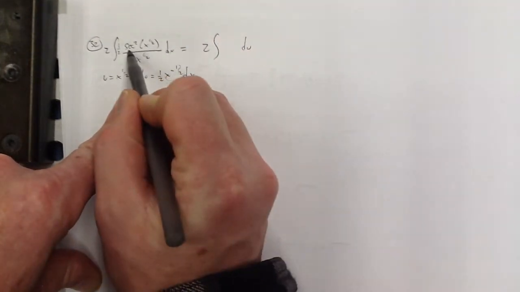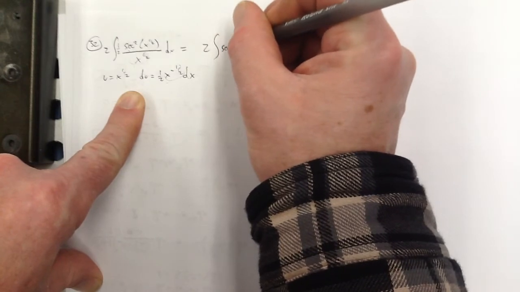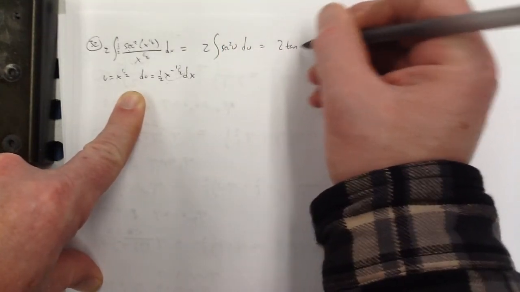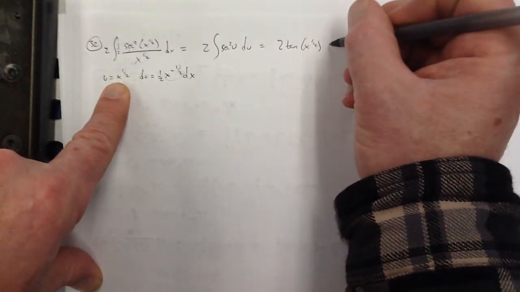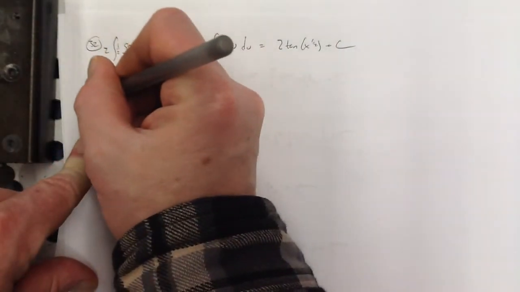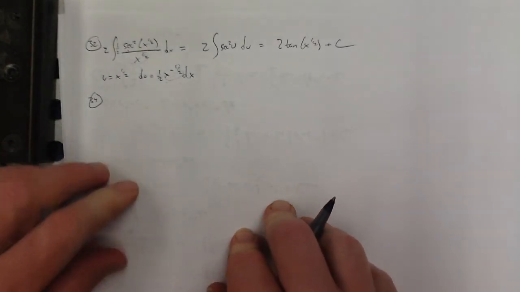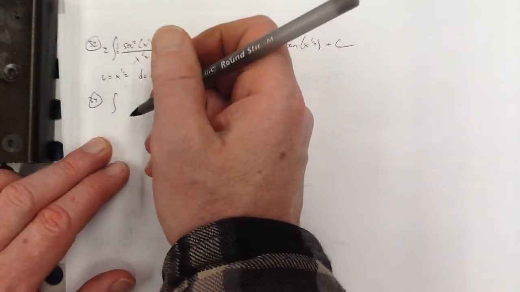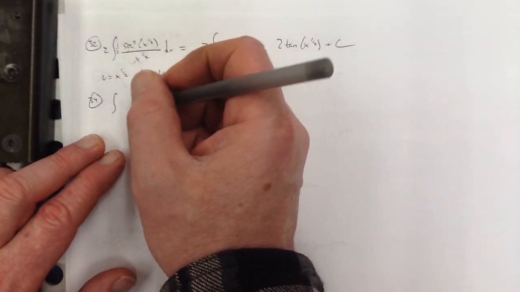And then secant squared u. Antiderivative of secant squared is tangent u plus c. All right. So how about this one?